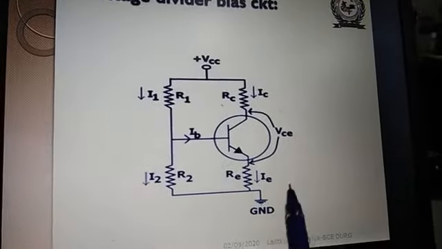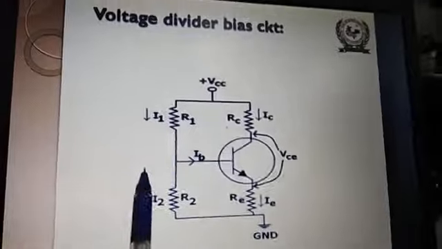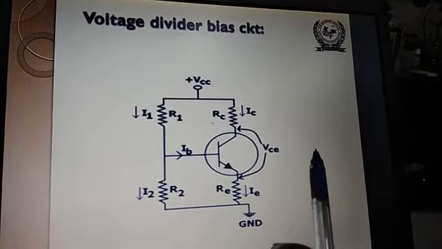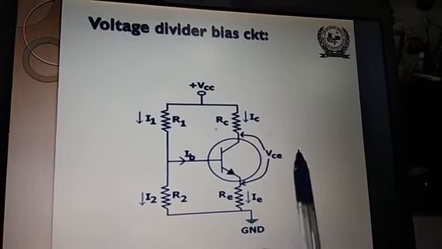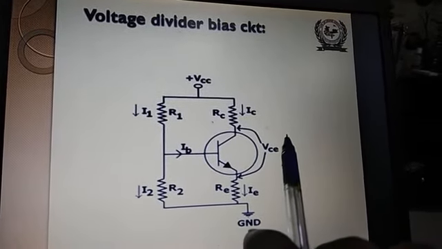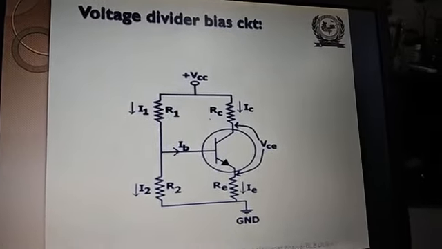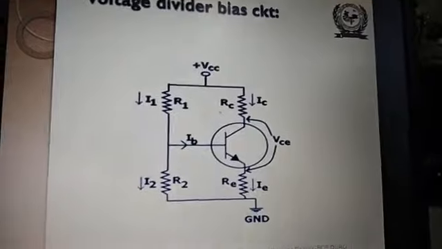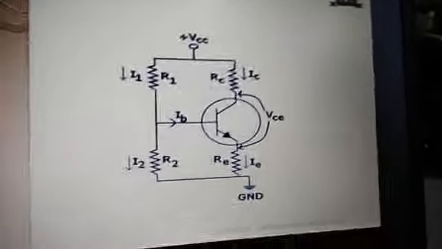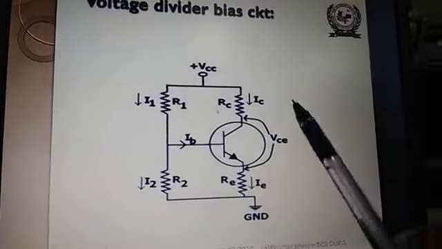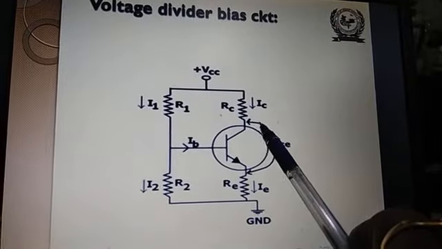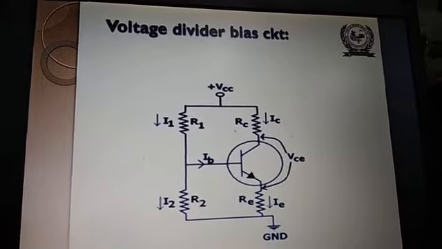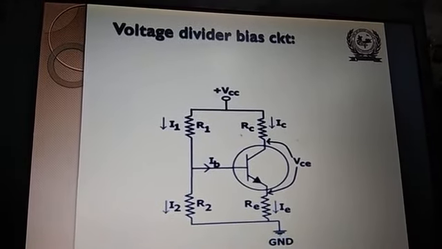So what happens? As the temperature increases, this ICO doubles. And according to the equation which I have already told you, if ICO doubles, then IC will increase more, 1 plus beta times ICO. And as this IC increases, again heat will be produced in the collector to base junction.